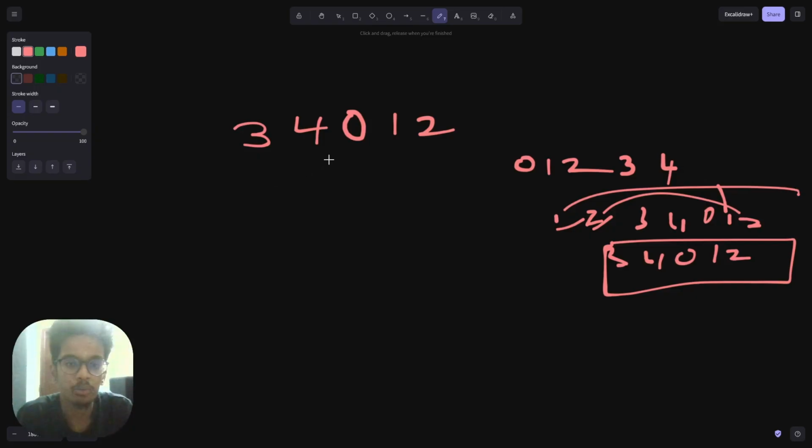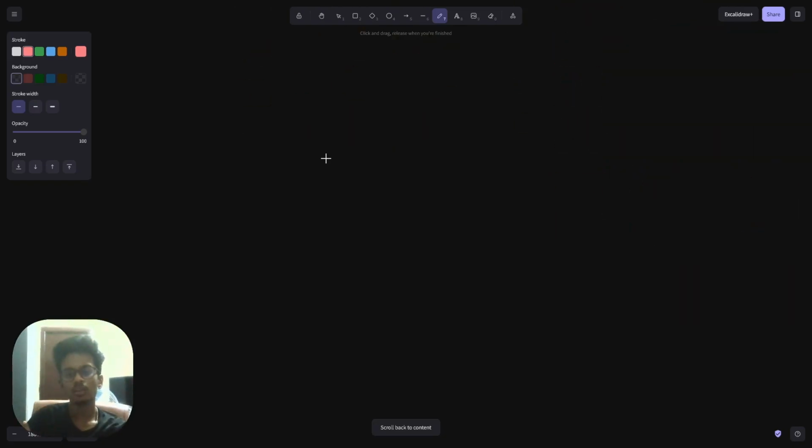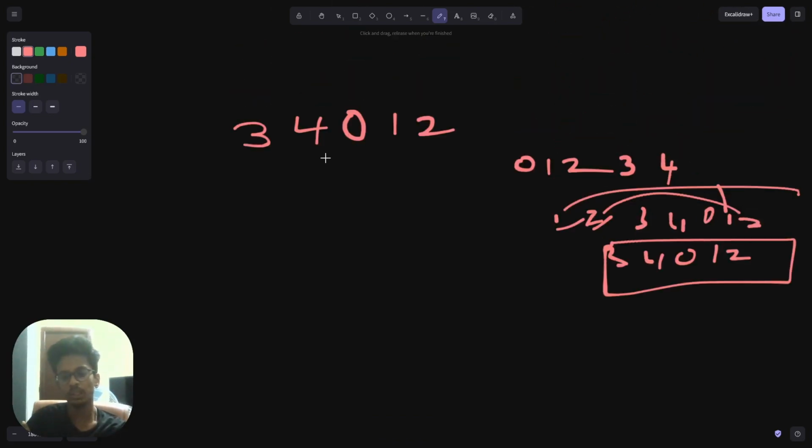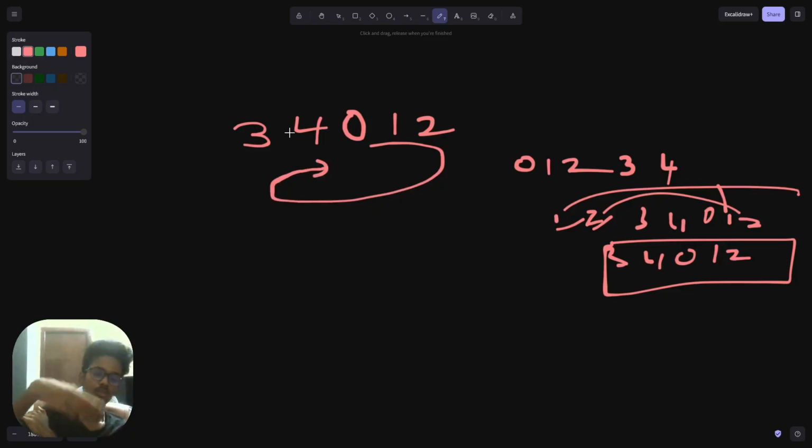So how about taking this as either you would have a forward cycle, or you would have a backward cycle. So this is a forward cycle. You're moving forward. Or you would have a backward cycle.